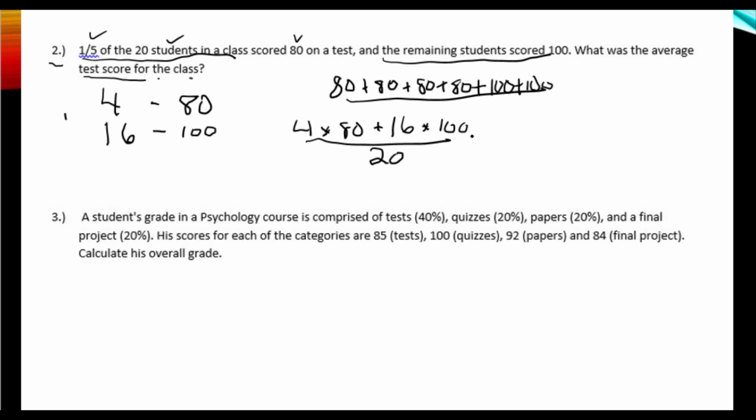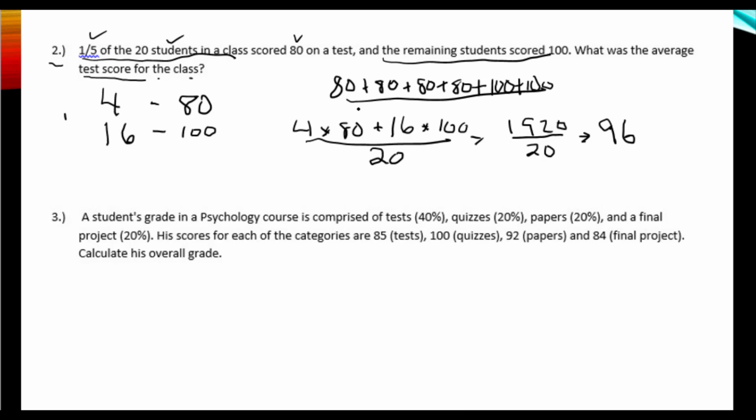And we'll put that in our calculators. And I get 1920 divided by 20. And finally, I get an average grade of 96 for the class.